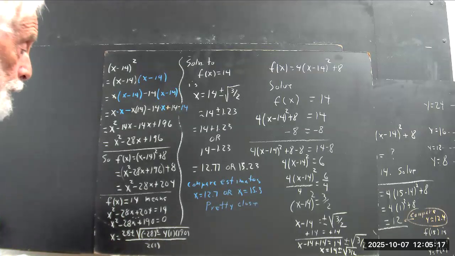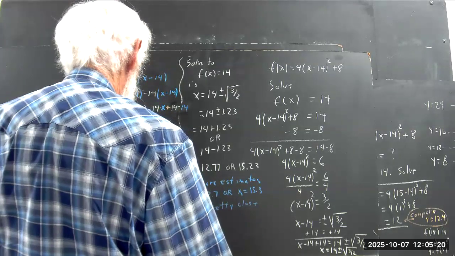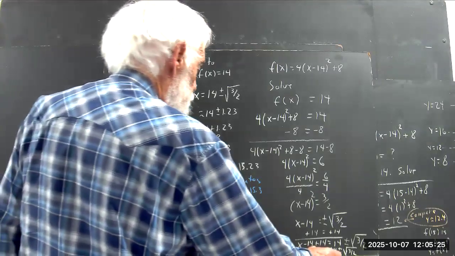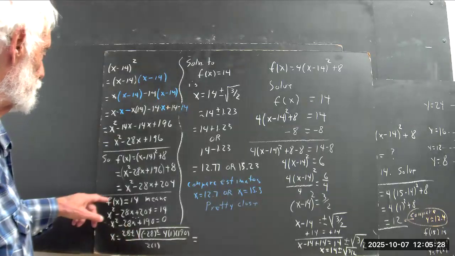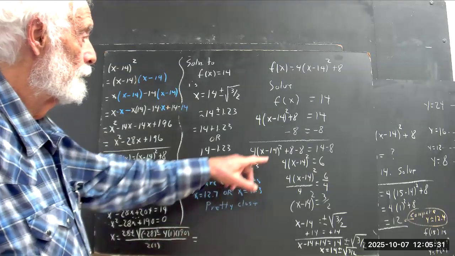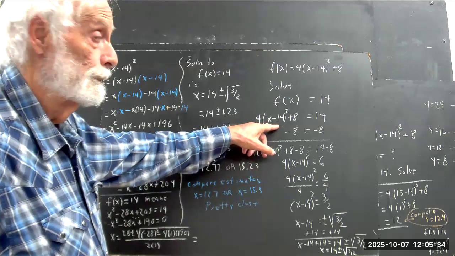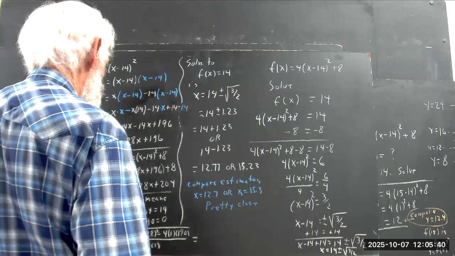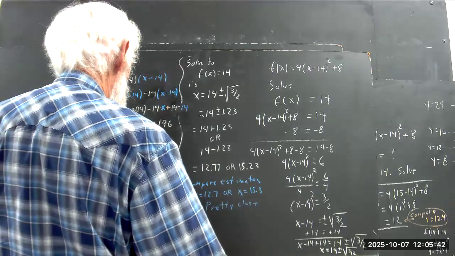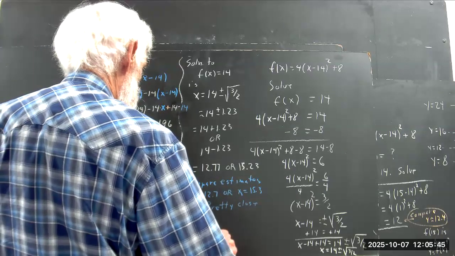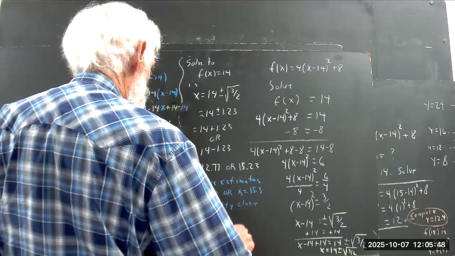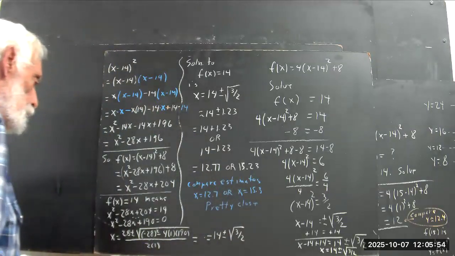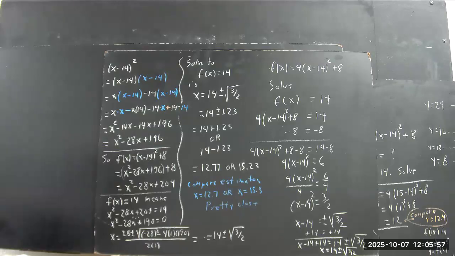And I really do recommend that you work this out. But we're going to get exactly the same solution because this is exactly the same equation that this was. It's just in different form. It's going to come out 14 plus or minus the square root of 3 over 2.